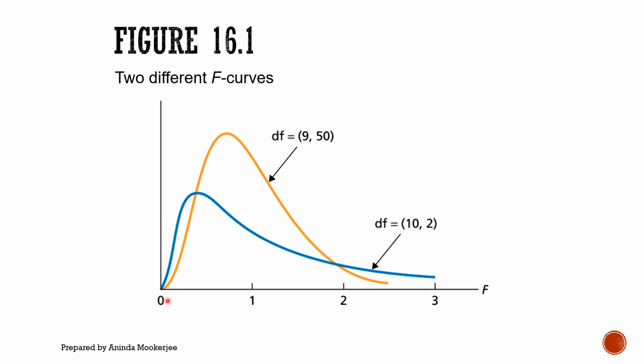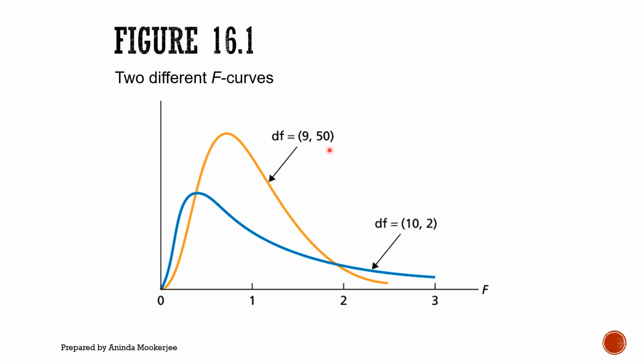So 0 is the lowest value that F can take. It starts at 0 and then it goes up, peaks more towards the left, and then has a long tail to the right. So they are not symmetrical curves. They are right skewed curves. That is also the same as with chi-squared curves.